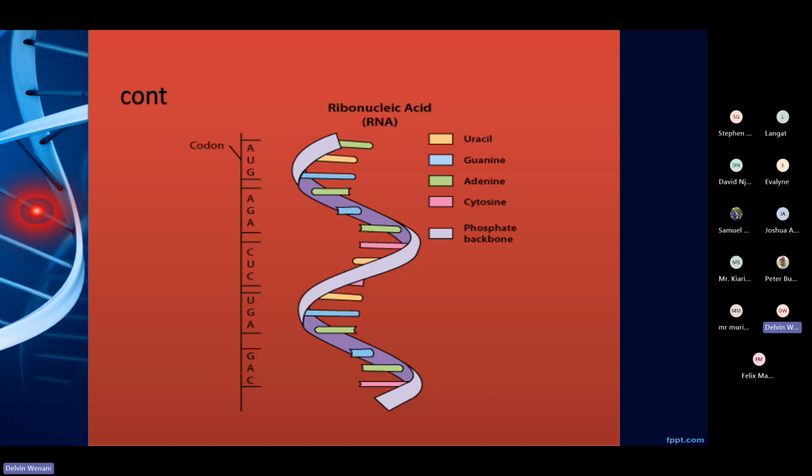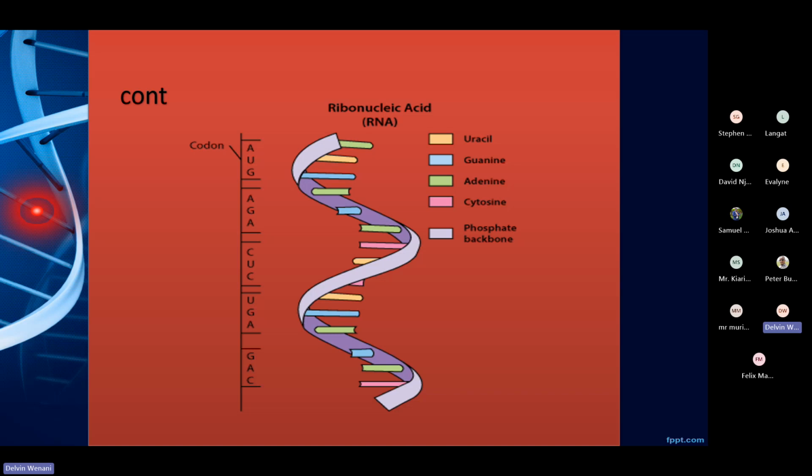Because the function of DNA is to help in doing what? In protein synthesis. They say that it translates the genetic information into characteristics of an organism through protein synthesis. So for protein synthesis to take place, we require this RNA so that the DNA can command protein synthesis to take place in the cytoplasm.